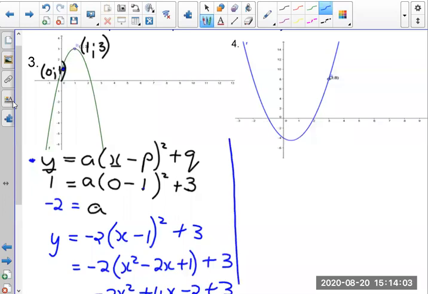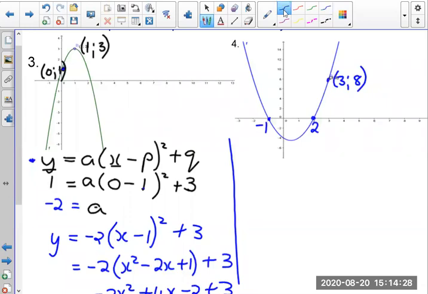Let's look at number 4. Now, if you can't see it clear, I will show you. This is an x-intercept of minus 1 and an x-intercept of 2 and a point 3 and 8. So what was given? The x-intercepts.